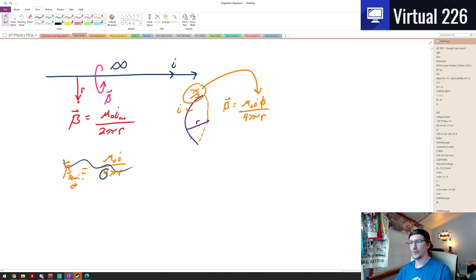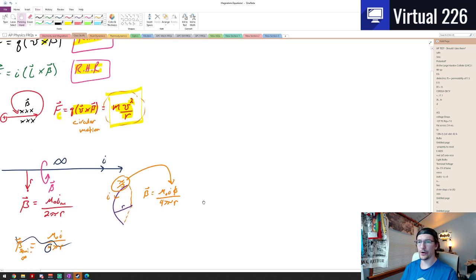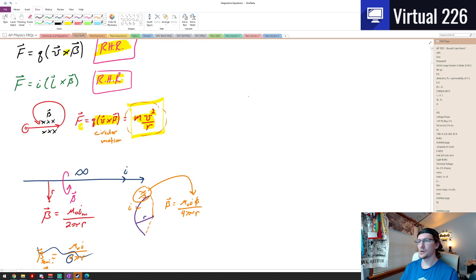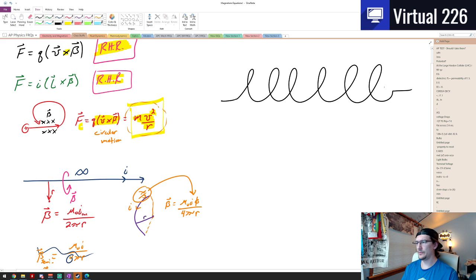What else do you need to know? Well, you should know some information about solenoids. This is a solenoid. If the solenoid has a current running through it, and let's say the current is running around like this, if we wrap our fingers in the direction of the current, our thumb points in the direction of the B field.